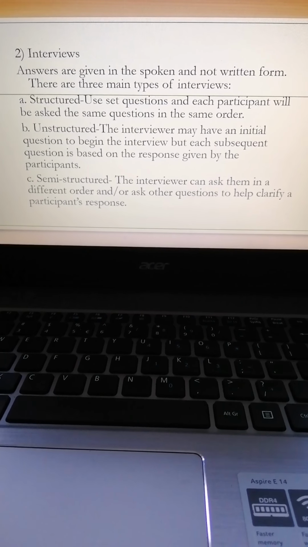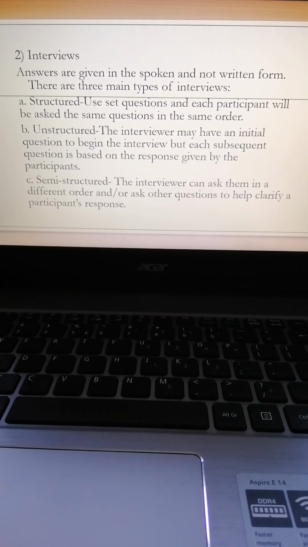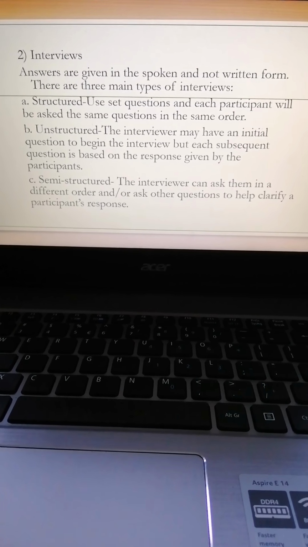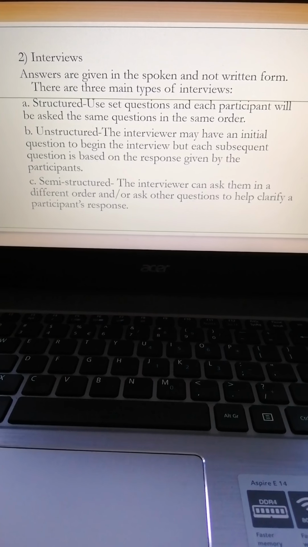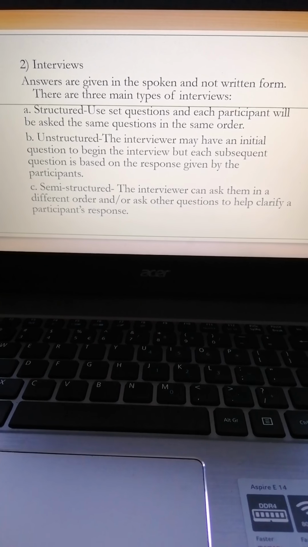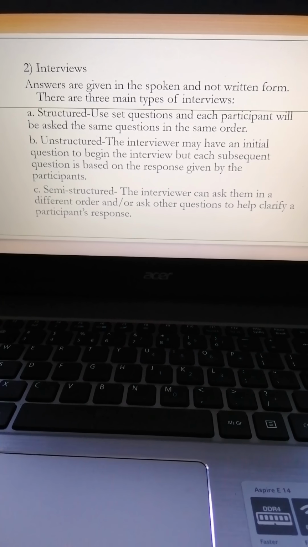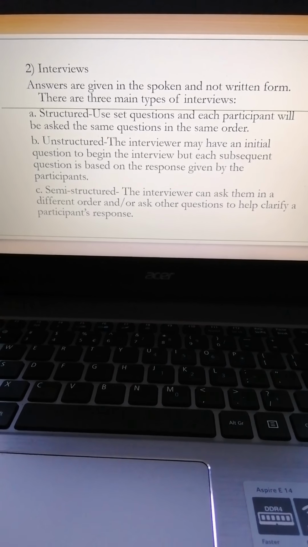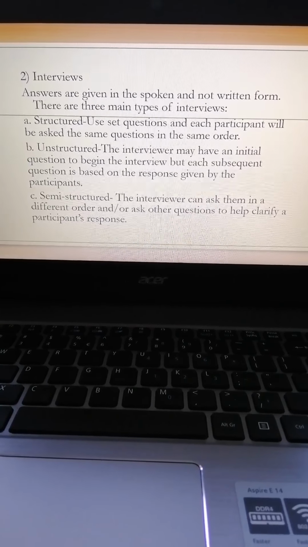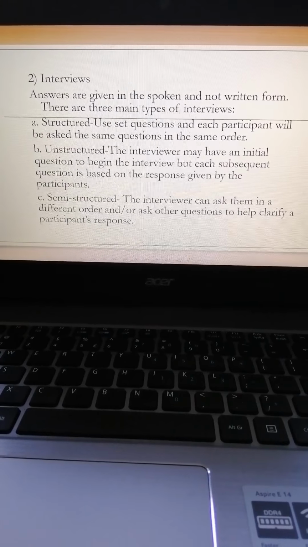And the last one is semi-structured interview. This is when the interviewer can ask participants in a different order and or ask other questions to help clarify a participant's response. For example, I have 10 different questions with 5 different participants. So I can ask all these participants with different orders. Some of them will get question number 5 first.